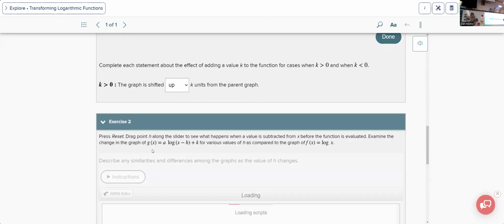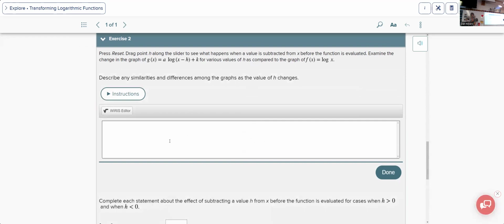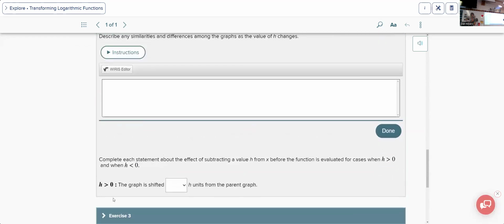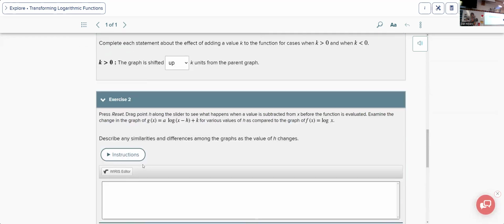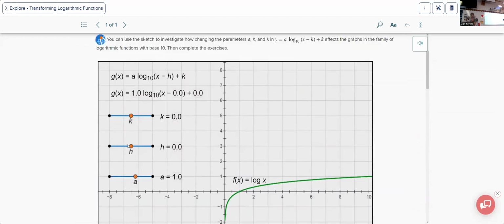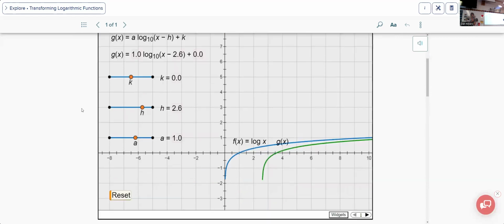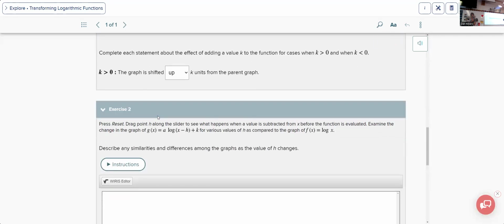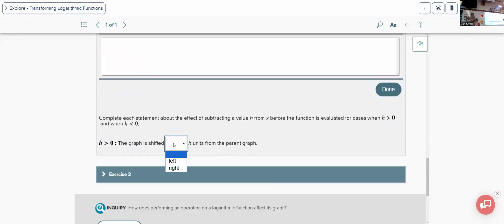Down here, drag the point H. If H is greater than 0, what direction is it going? The H is the left or right. It's going left or right when H is greater than 0. Go to the right, yeah. So if H is greater than 0, the graph is shifted to the right.